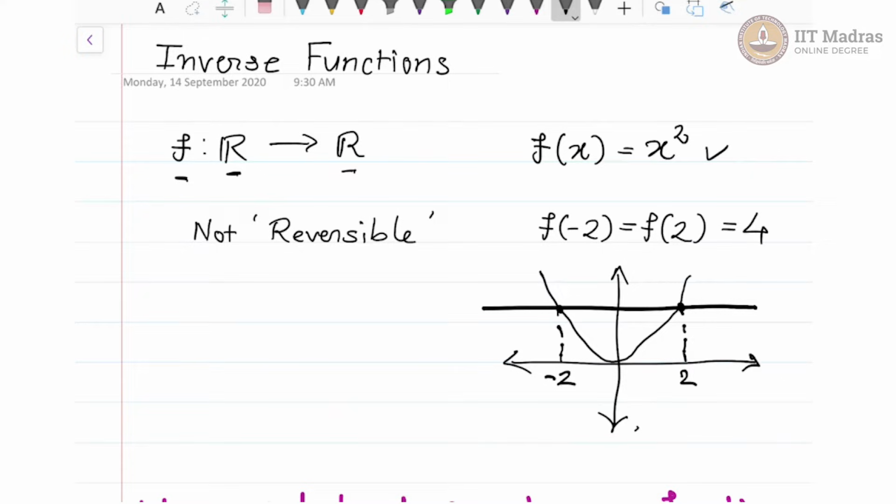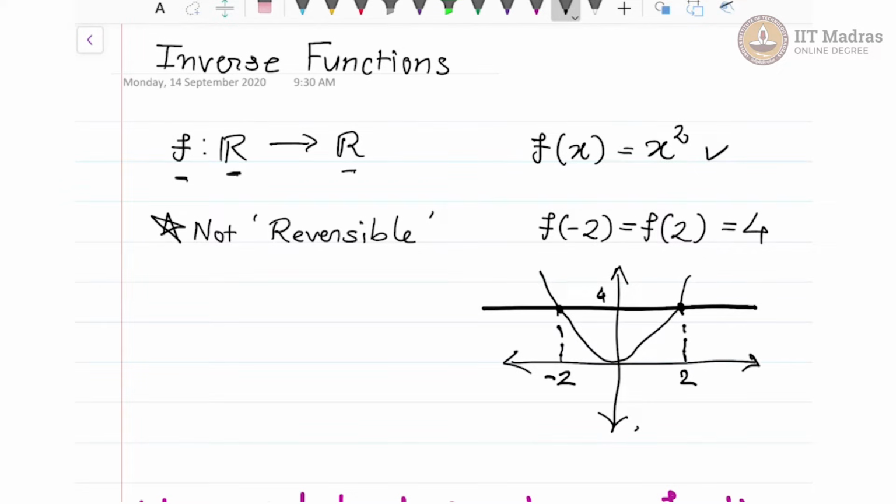That means when I feed in the value 2, it gives 4, and when I feed in -2, it also gives 4. If this function were reversible, then when I feed in the value 4, it would have to spit out the two values 2 and -2, so it is not uniquely spitting out the value. Therefore this function is termed a non-reversible function.